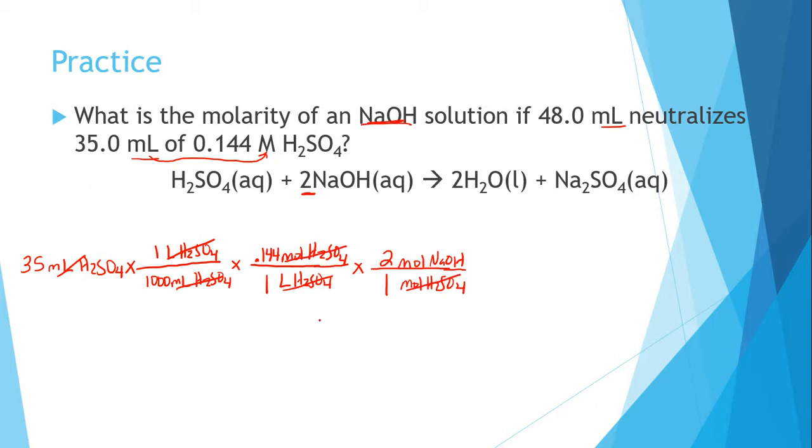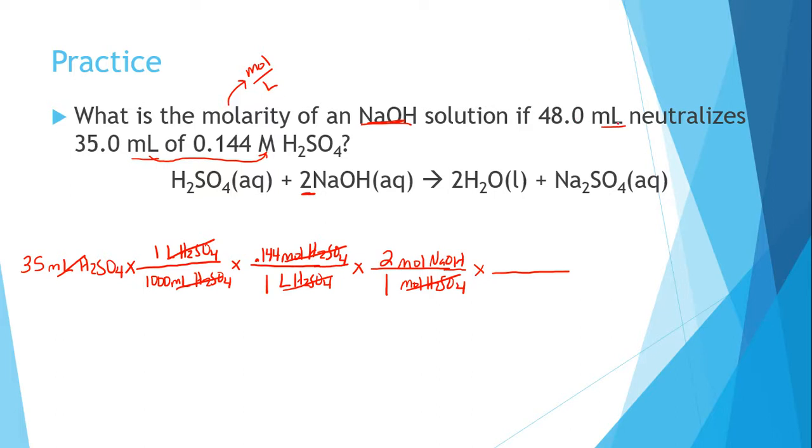Now, the most obvious answer is to try to cancel sodium hydroxide, but I don't want to do that because I need the molarity. And remember, molarity is moles divided by liters. So I need moles of NaOH, and I have that, so I don't want to cancel it. What I want to do now is take this moles that I found and divide it by liters.